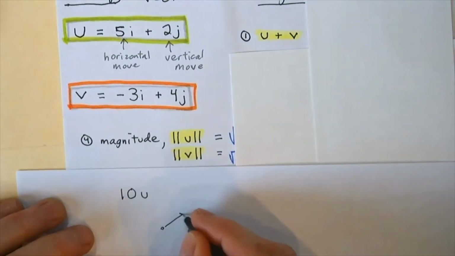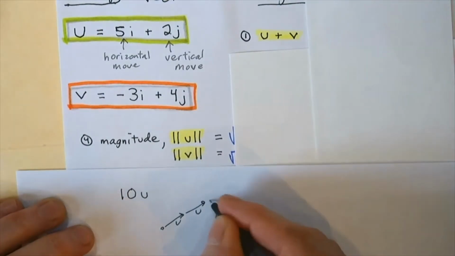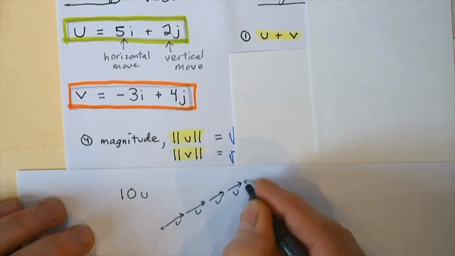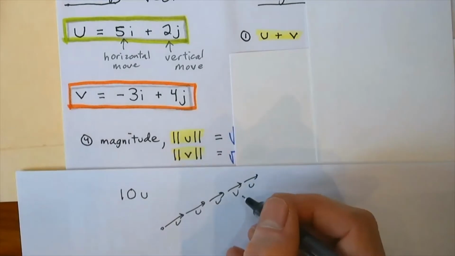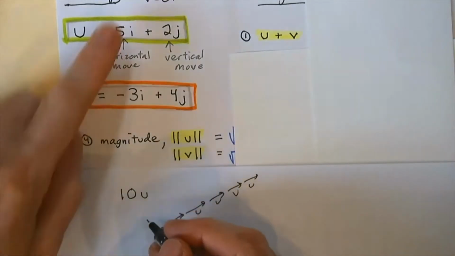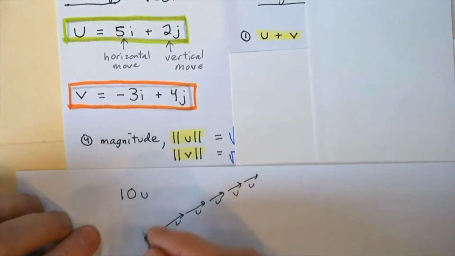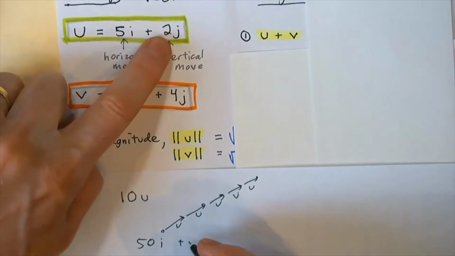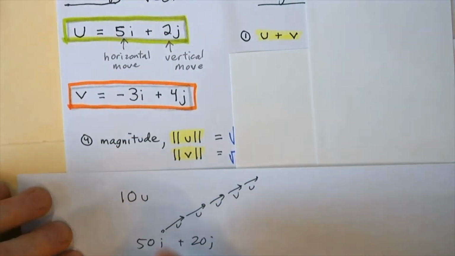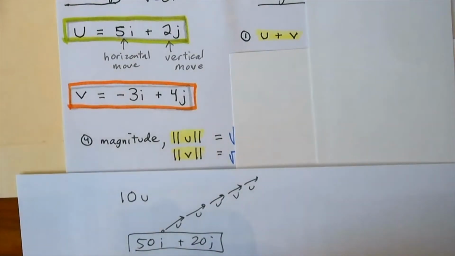Do you have to go u, u, u, u? You could draw them all out and just keep going. Or how about, if it says 10u, just multiply it by 10. What's 10 times 5? 50. 10 times 2? 20. This would be a new vector, 50i plus 20j. That's just 10 times as long.